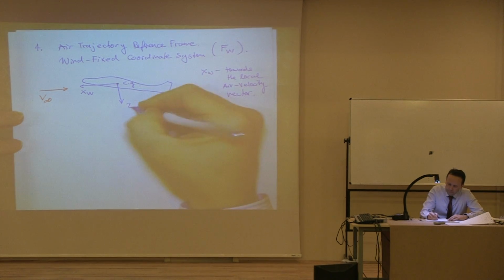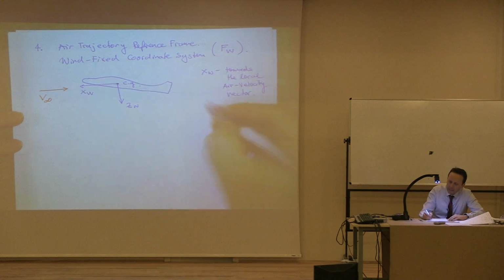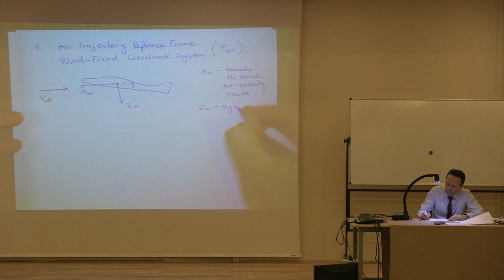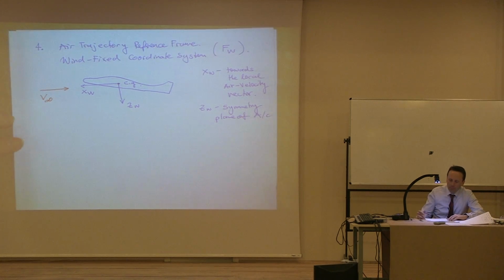ZW is 90 degrees to XW, but it is such that it is in the symmetry plane of the aircraft.